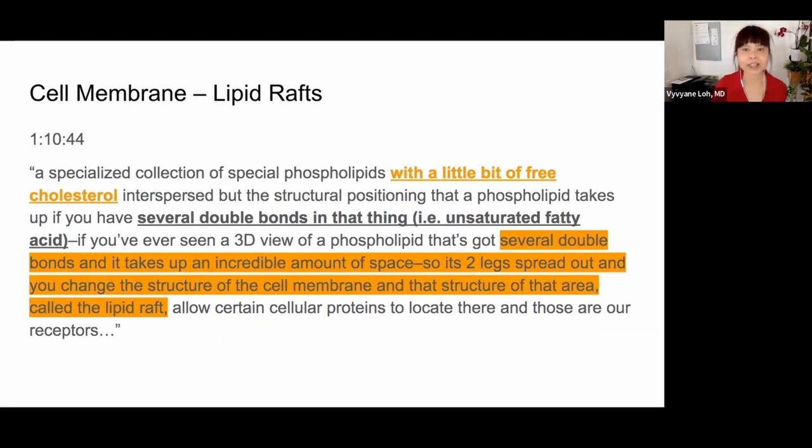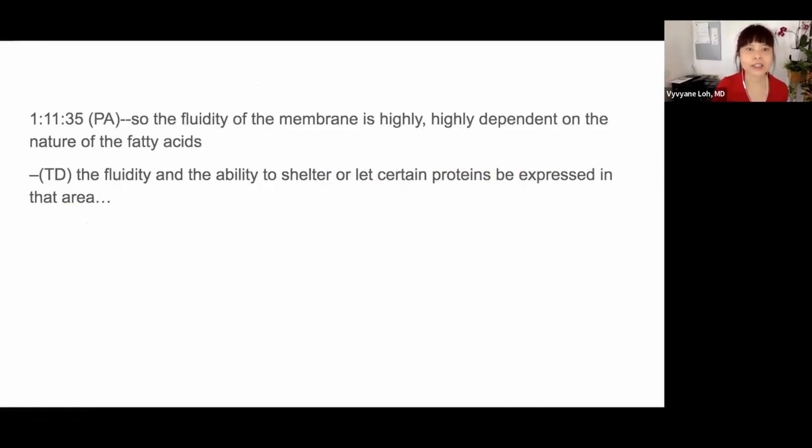All right, and it's these phospholipids that have unsaturated fatty acids, right, that make up the structure that is the lipid raft. So these phospholipids, they're filled with unsaturated fatty acids, according to him. And then in the next part, they talk about how the fluidity of the membrane is important and is due to certain fatty acids, right?